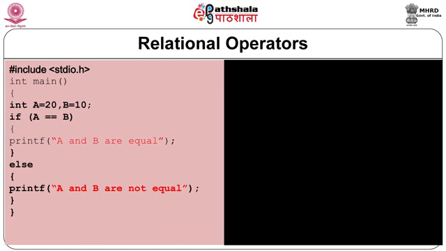Therefore body of else statement gets executed, and here in body of else statement is written like A and B are not equal. So in this program A and B values are not equal. Therefore result display is A and B are not equal. This way you can use various relational operators and perform your desired task.